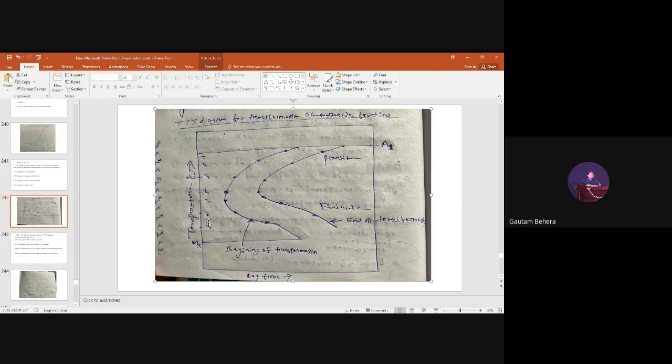So growth is not occurring easily. And as I told you, the overall transformation depends upon the rate of nucleation and rate of growth, or upon the extent of undercooling or driving force and the rate of diffusion.